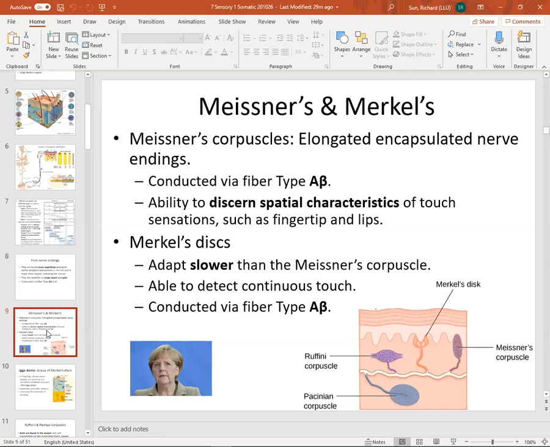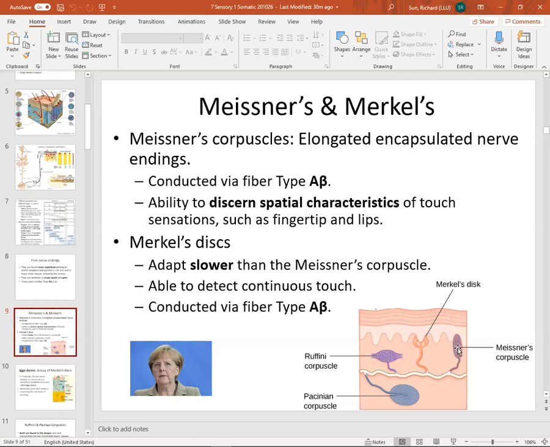So Meissner's is fast adaptation. It can distinguish surface differences, and the Merkel's is a way to detect a constant, continuous touch. Both transmit signals through A beta, so these are all very fast at sending signals to the brain.